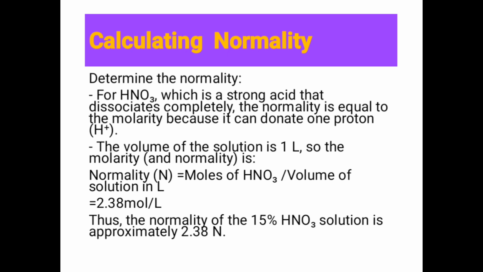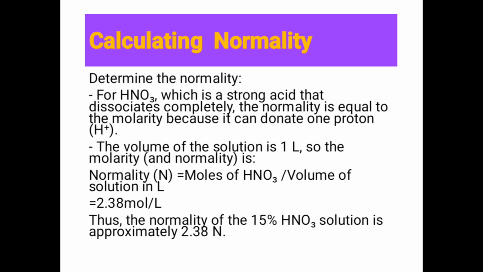To determine the normality now, we can say HNO3 is a strong acid. If it dissociates, you are going to have H plus and NO3 minus. So it will dissociate completely to give 1 proton. So 1 H plus. The basicity of the acid is 1. Therefore, the volume of the solution is 1 liter.